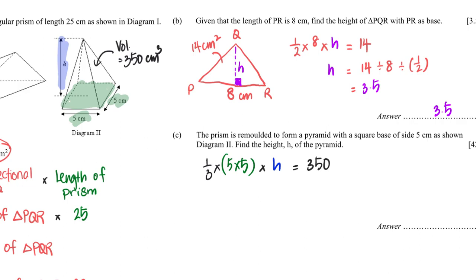So I will be able to find my height easily here. Just need to divide by 1/3 and divide by 5 times 5 to give me the final answer as 42.